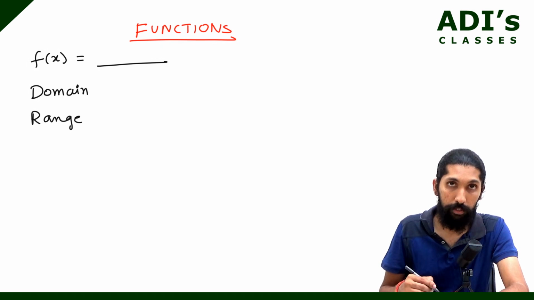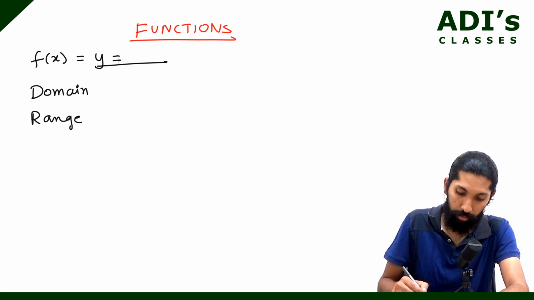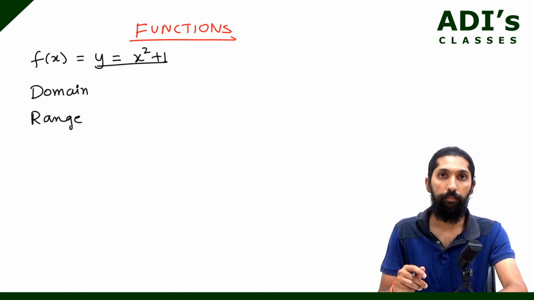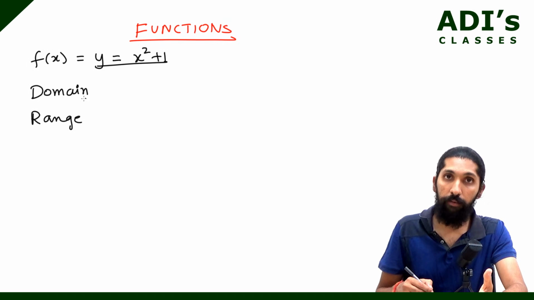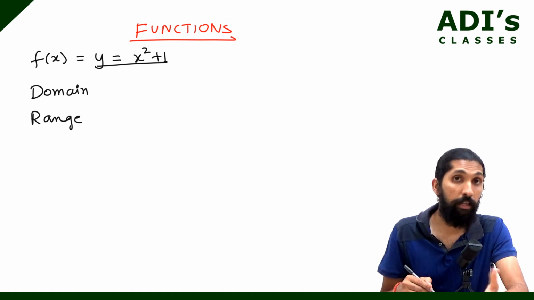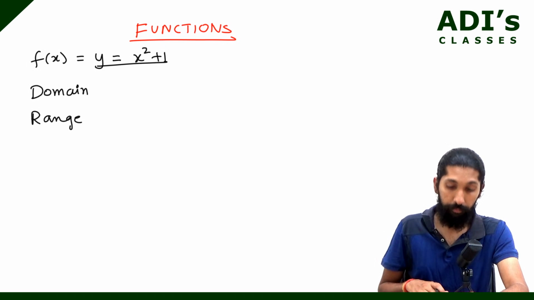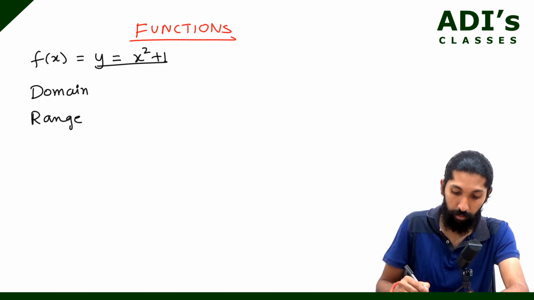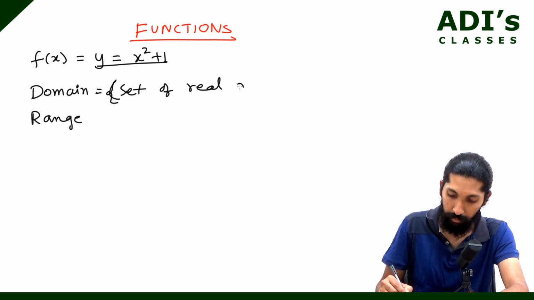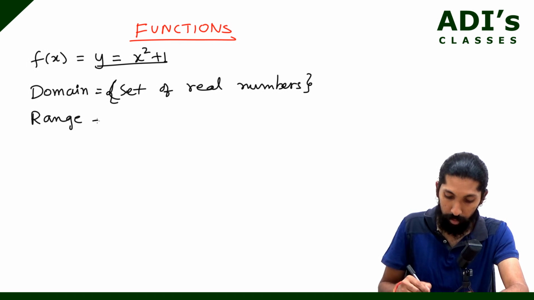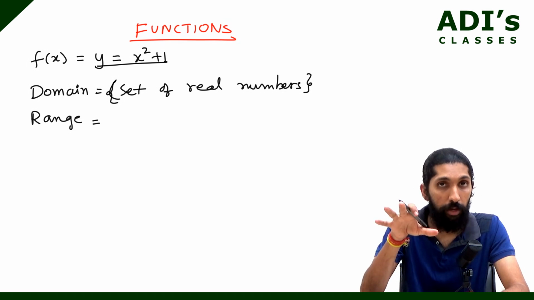Like when you say f of x, we can say y is equal to, let's take a simple value, x square plus 1. Very simple. Now, what values can I take for x? I can take pretty much any number, so I can say that the domain is the set of real numbers. When it comes to range, range is nothing but the value of y.